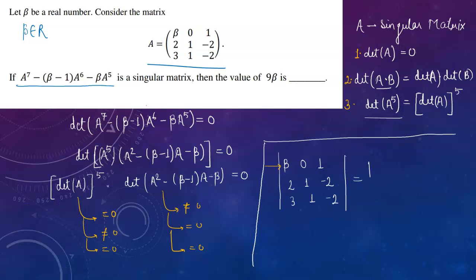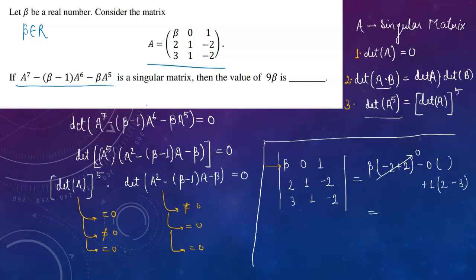So first of all, beta into minus 2 plus 2, minus 0, anything will give me 0, so no need of writing that. And then plus 1 into 2 minus 3. So here we can say that this term is going to 0.